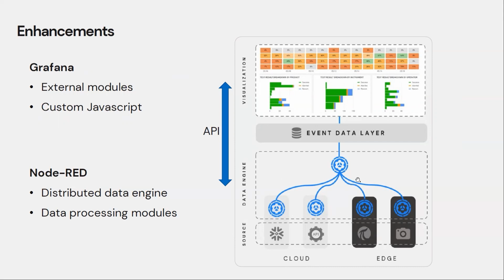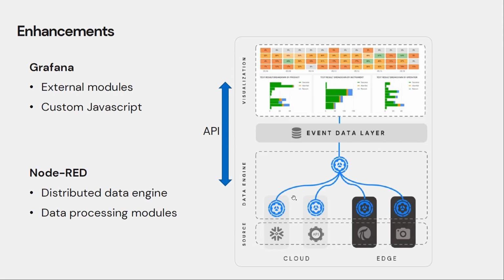Therefore, a distributed Node-RED is needed. Imagine if each of these data engine symbols is a Node-RED. You really want to be able to deploy these data engines to different locations to collect the data, analyze the data, combine the data together to generate events.